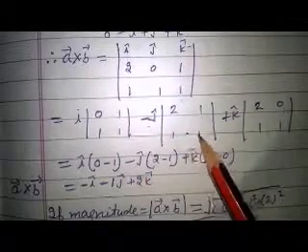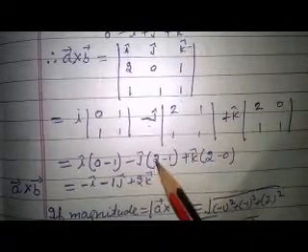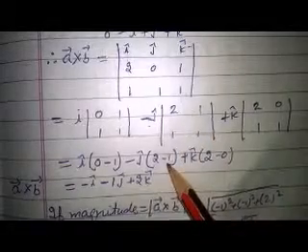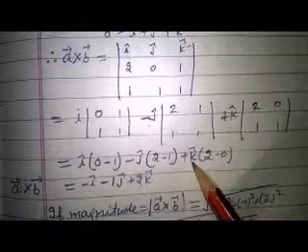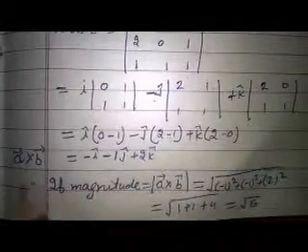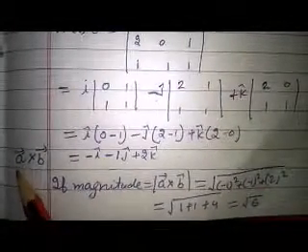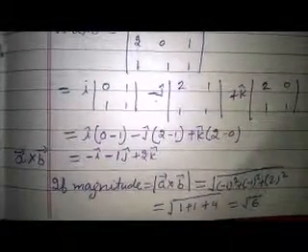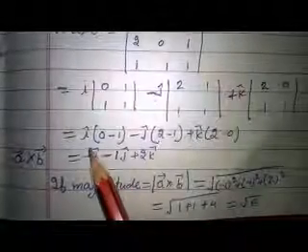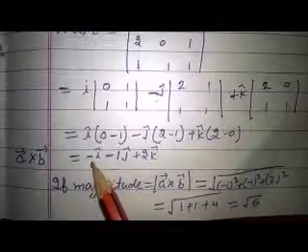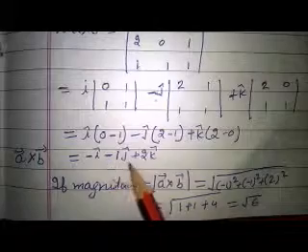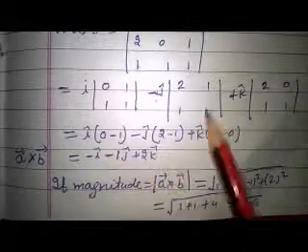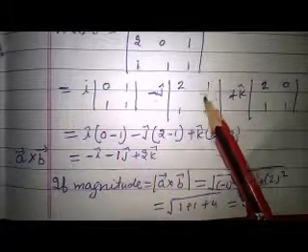On solving this, 2 into 1 is equal to 2, 1 into 1 is 1, and on solving this, k cap: 2 into 1 is 2, 1 into 0 is equal to 0. On solving this, a vector cross b vector. Students, on solving this, we get minus i cap minus j cap plus 2k cap. This is solved by the determinant method.